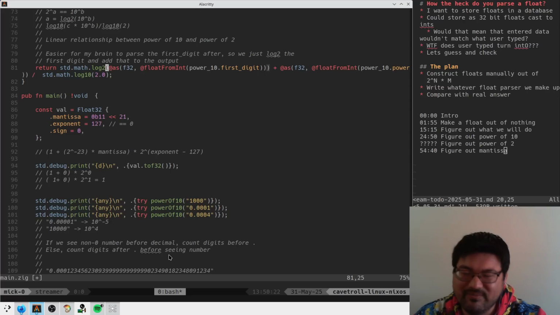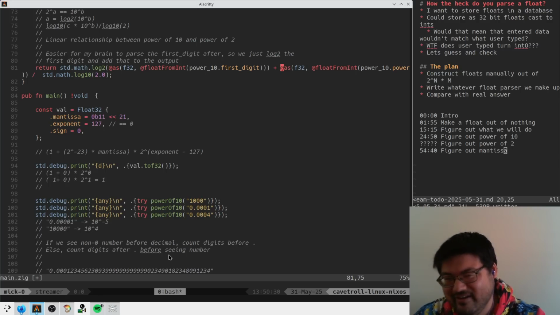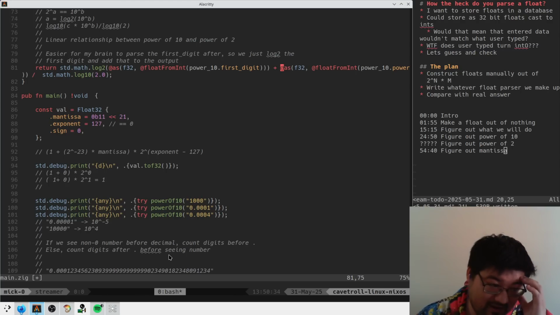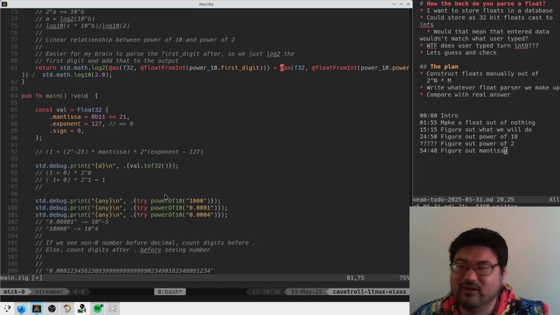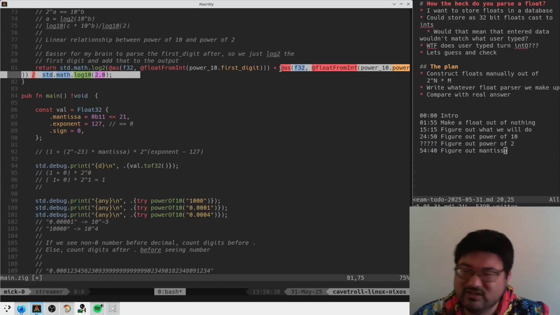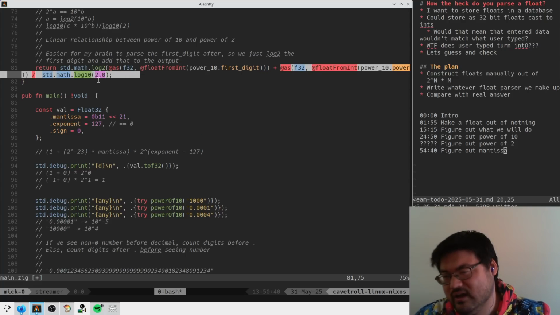So here we're dividing by, dude, my brain. So we have log 2 plus this over that. So you're saying that I can convert this into a multiplication because I can invert the 2 and the 10.